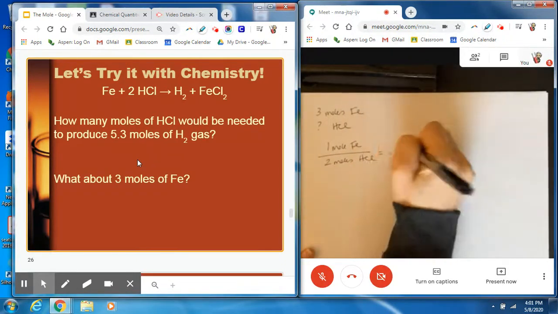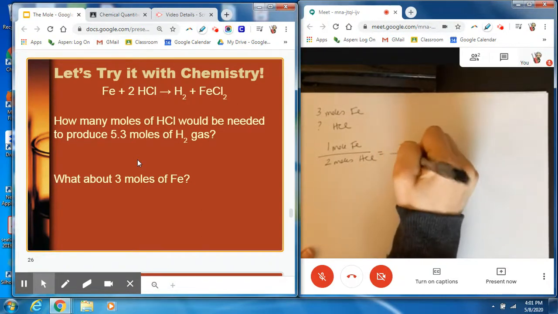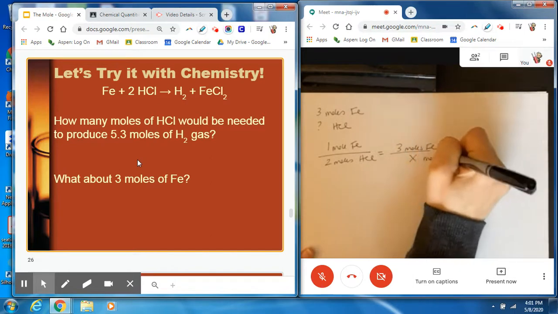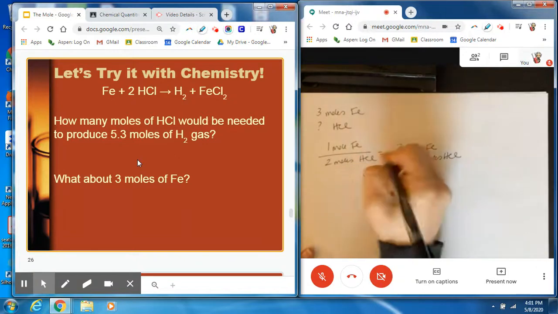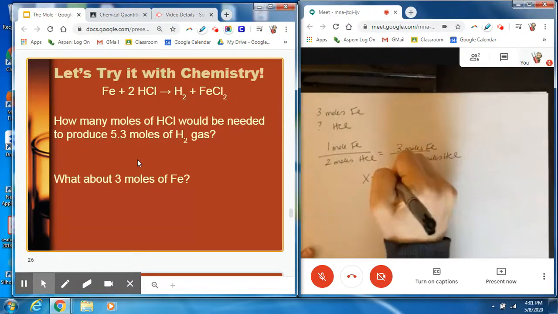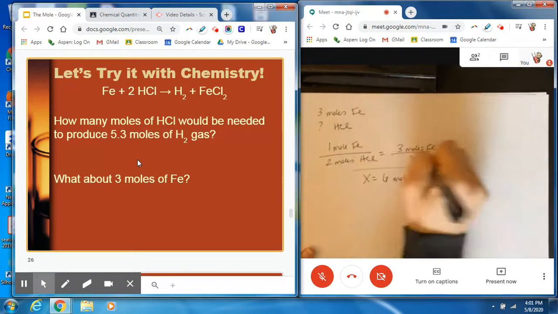So what if I had 3 moles of Fe? How many moles of HCl would I need to use that all up? Again, cross multiply and solve for x, and what you would find is that you would need 6 moles of HCl.